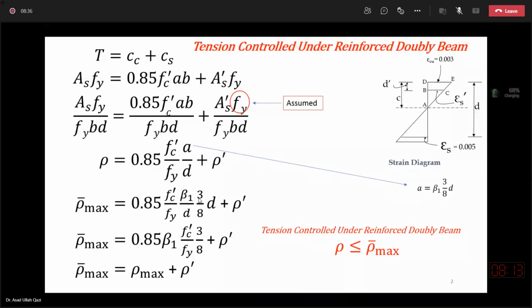As well, in doubly reinforced beams, we have a second challenge: to judge the strain or the stress in the compression steel. If compression steel is yielded when the beam fails, it becomes case 1. If compression steel is not yielded when the beam fails, it becomes case 2.